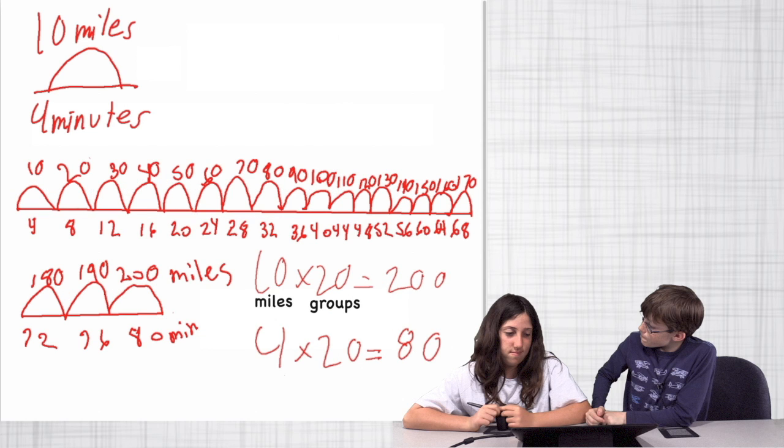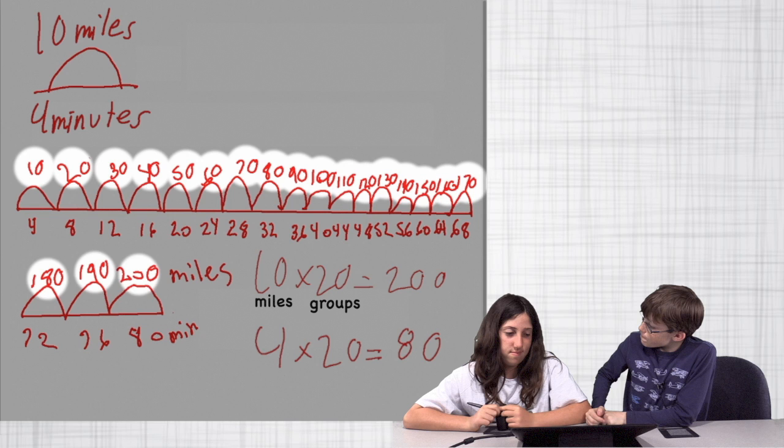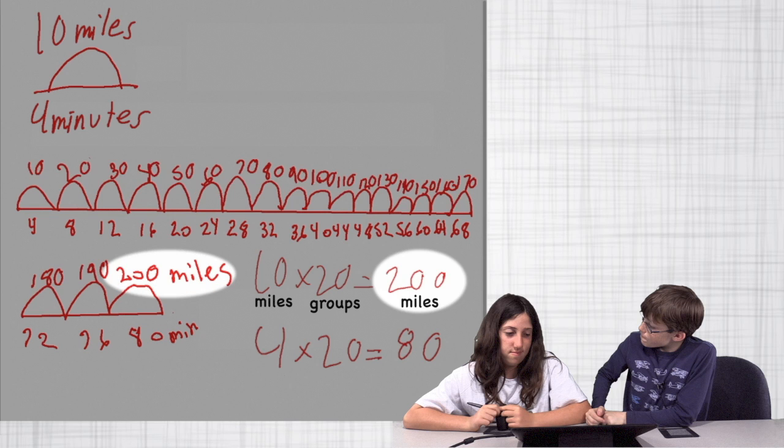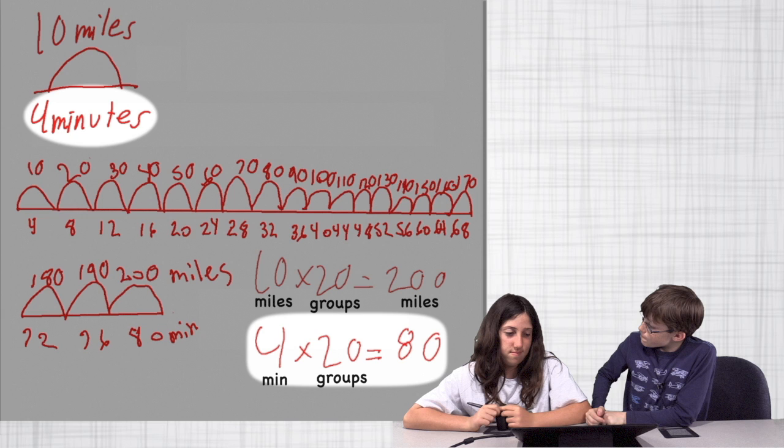Finally, Kate and Christopher figured out that if you have 20 groups of 10 miles, then you have 200 miles in all. Their diagram also shows that there are 20 groups of 4 minutes for a total of 80 minutes.